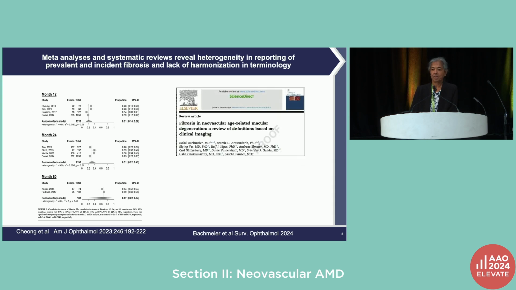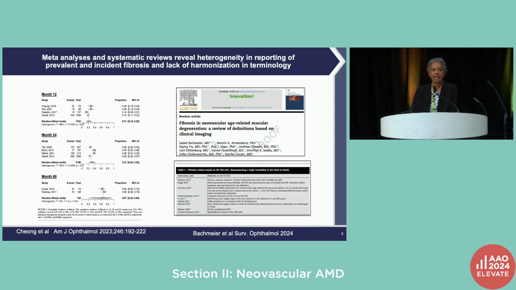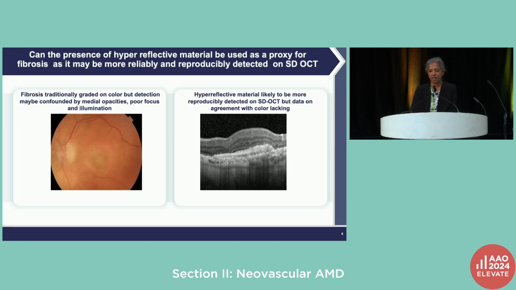And a systematic review in which I was involved showed that there was a considerable heterogeneity and lack of homogeneity in the way in which fibrosis was defined. And this was particularly so when spectral domain OCT was used as the imaging modality. Now, obviously, color images have a variety of different confounders, including media opacities, poor focus, and illumination.